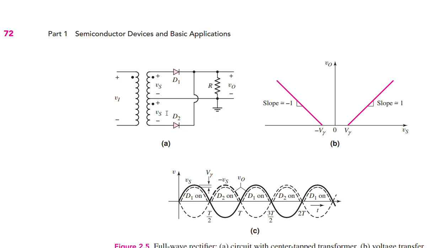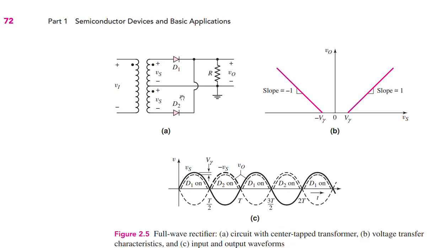The drawbacks, however, are that the number of diodes is double. So you need two diodes, and more importantly, you need a diode with a larger PIV, larger peak inverse voltage rating. So these diodes will be expensive as compared to the diode of the half wave rectifier.